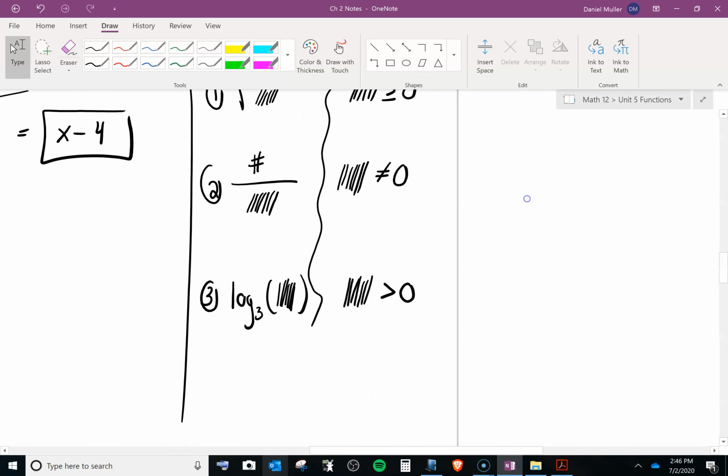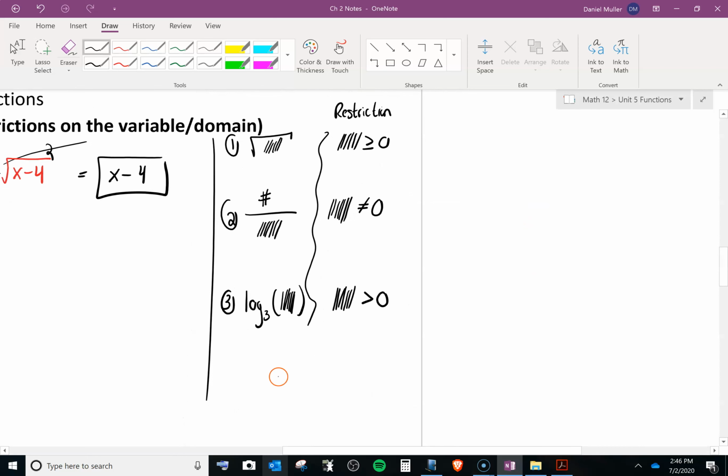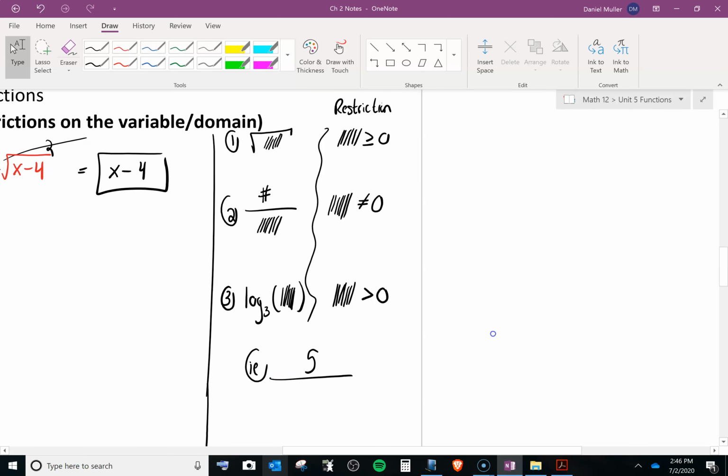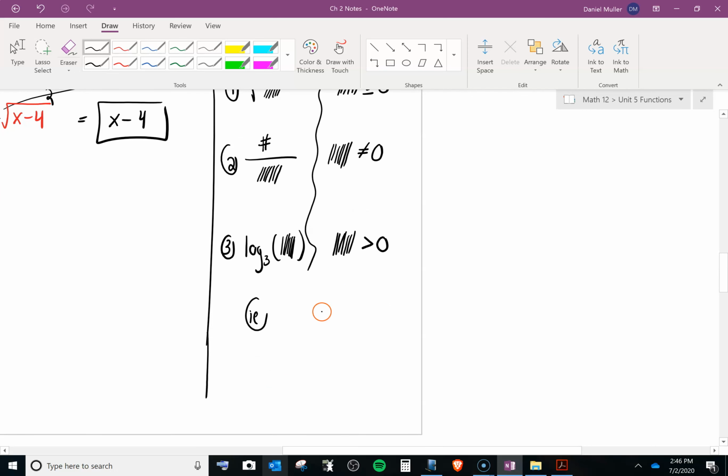And you could have, and this would be the worst, and I'm not going to do it, but you could have 5 over the square root of the log base 3 of x minus 2. And you might have to then find out all of the restrictions.